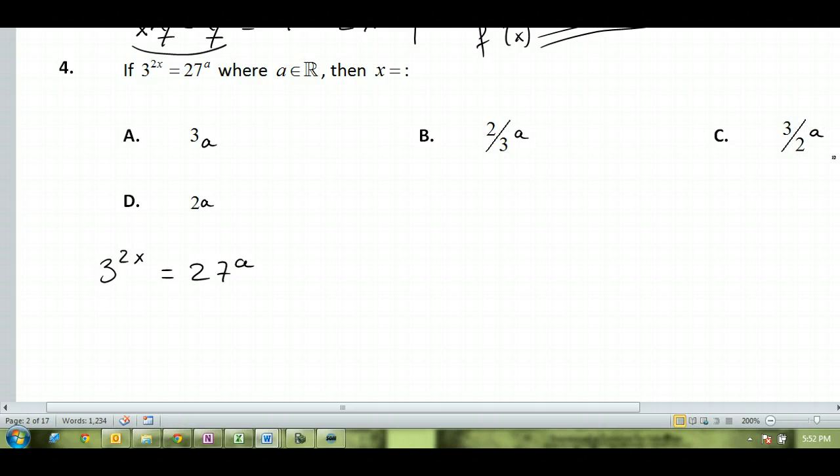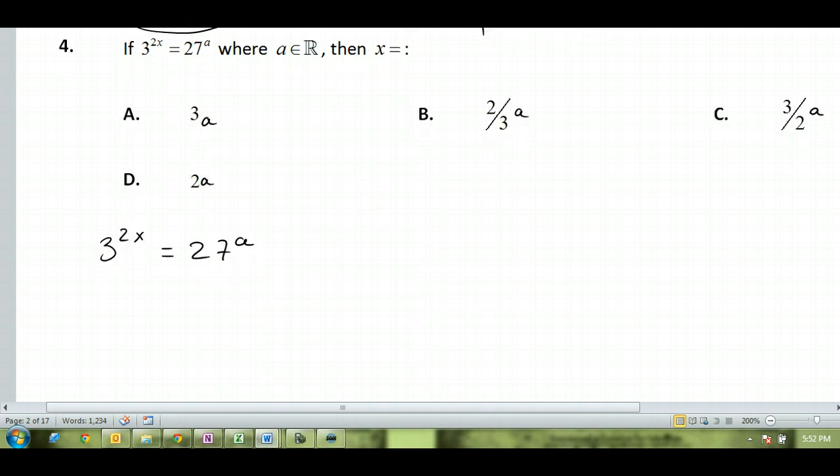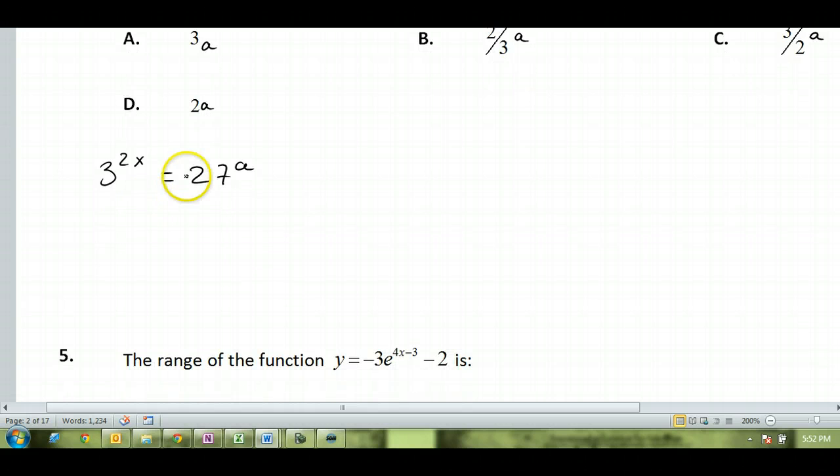Okay? All right. So, what's going on here? You get a common base. It is possible to get a common base for this equation. So it's 3 to the power of 2x equals 27, which is 3 cubed, to the power of A. So what is 3 cubed to the power of A? You multiply the exponent, right? And now that you have the two bases the same, you know the function is 1 to 1.